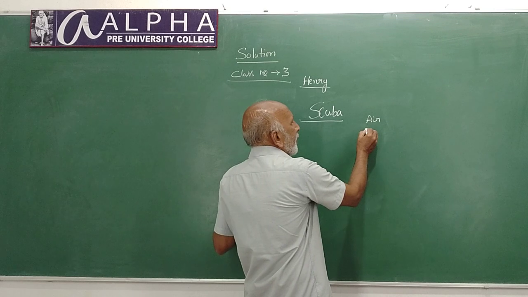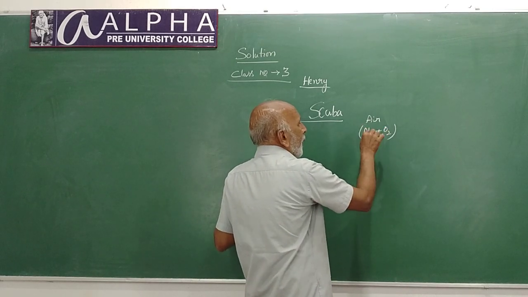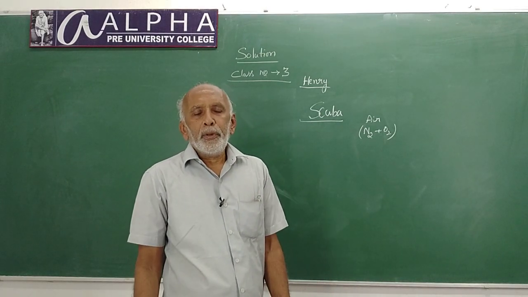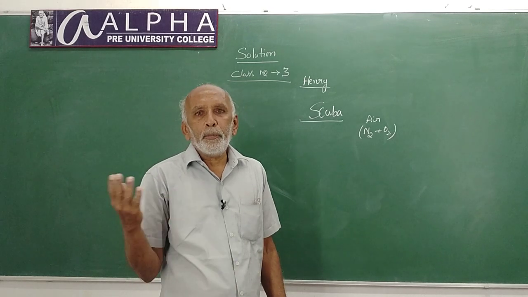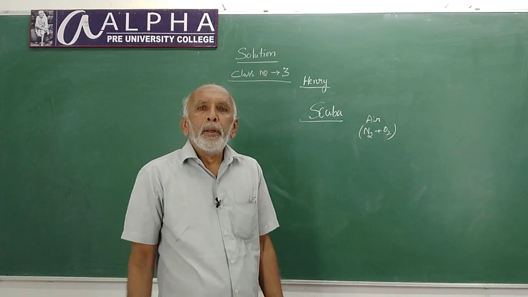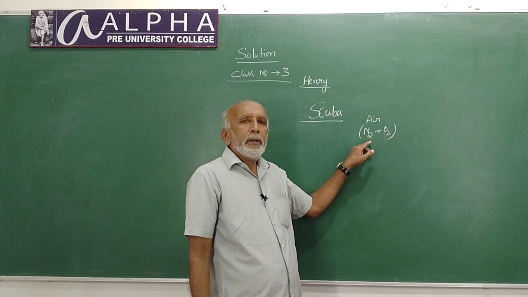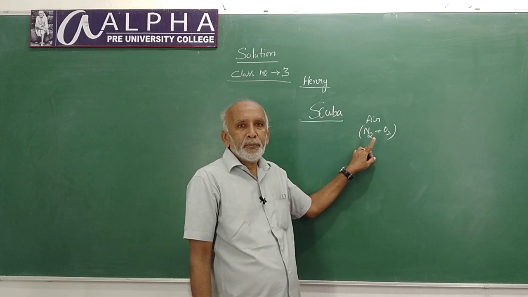Air contains nitrogen and oxygen. Purified air is a mixture of nitrogen and oxygen, obtained after removing moisture and carbon dioxide from it. And the deep sea pressure is very high.